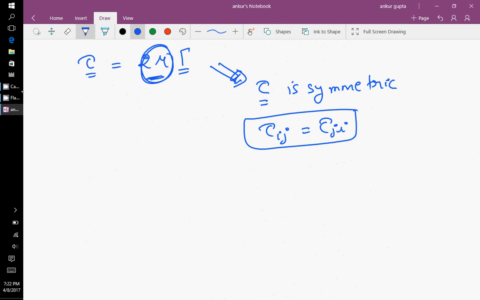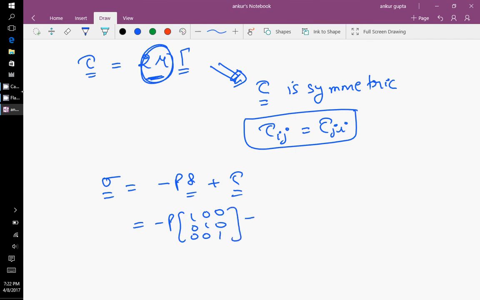And recall that the total stress tensor is minus p delta plus tau, or minus p into the identity matrix 1 0 0, 0 1 0, 0 0 1, plus tau xx, tau xy, tau xz, tau yx, tau yy, tau yz, tau zx, tau zy, tau zz.